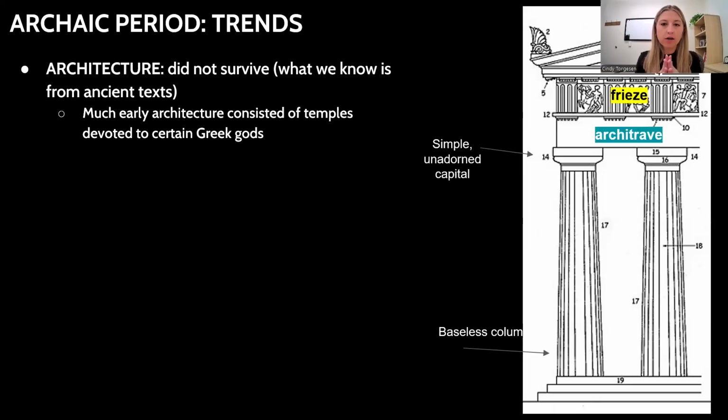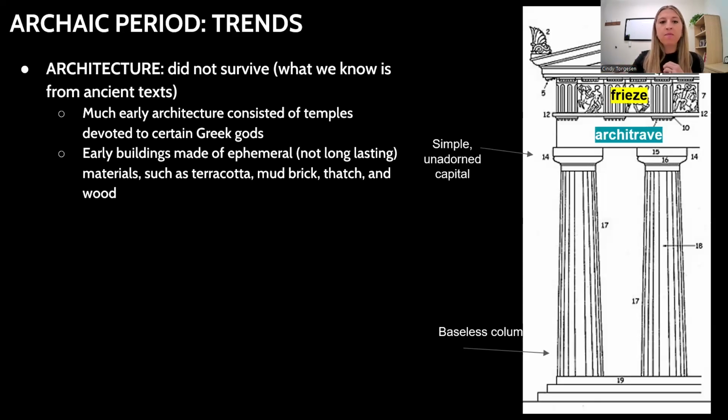A lot of the early archaic architecture is going to be temples dedicated to Greek gods. A lot of this architecture is also going to be ephemeral, meaning that they were using materials like terracotta, mud brick, thatch, and wood. That gives you an indication as to why a lot of it doesn't exist, because every single one of those mediums doesn't last a long time.